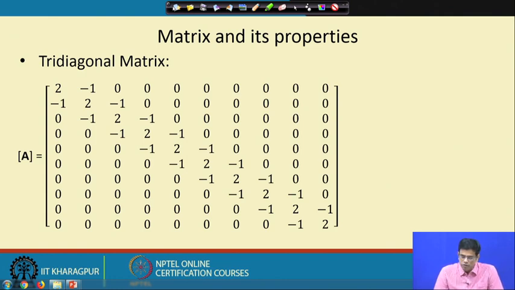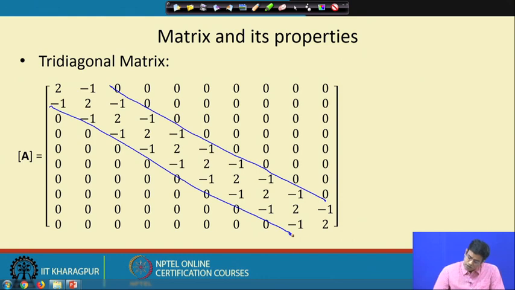If you look carefully, this tridiagonal matrix has a bandwidth of 3, because I calculate 2S minus 1. So, S is 2, so 2 into 2 minus 1.